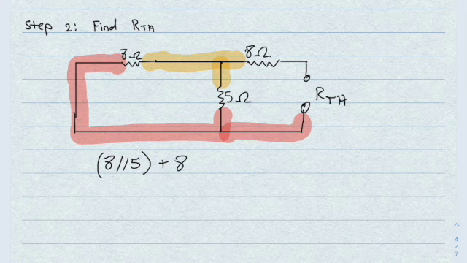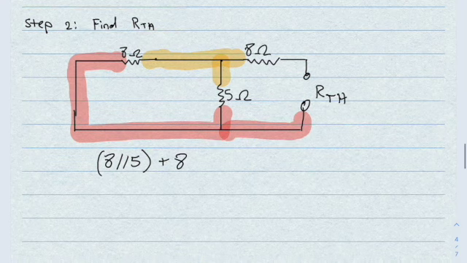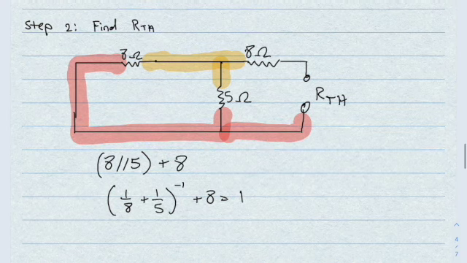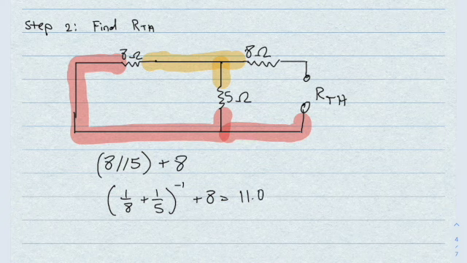So we can solve it like this. 1 over 8 to the -1 plus 5 to the -1, all to the -1, plus 8 equals, let me get out my calculator. All right, putting all that in my calculator, I got 11.08 ohms. Okay. Our Thevenin is done.